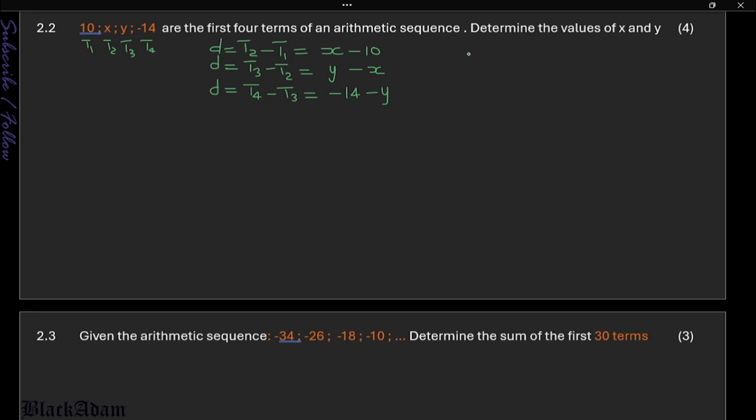And then we group like terms. So a common difference there, so let's just group them. We have x, we have y, and then we have a constant value. So we need to find the difference there.